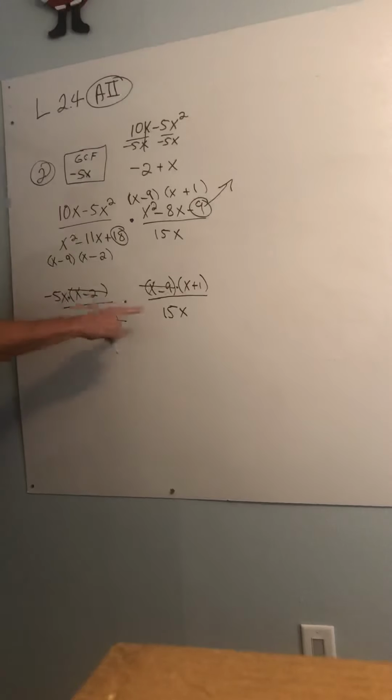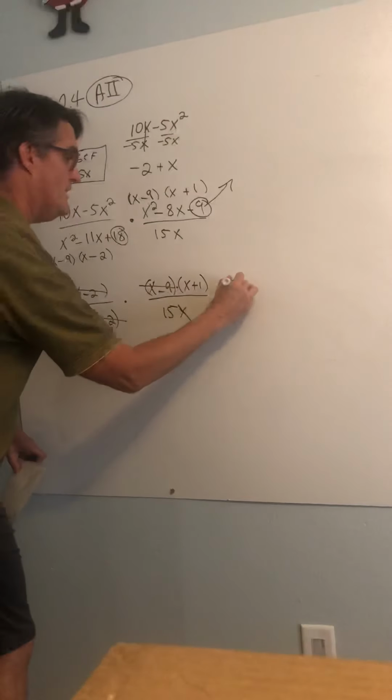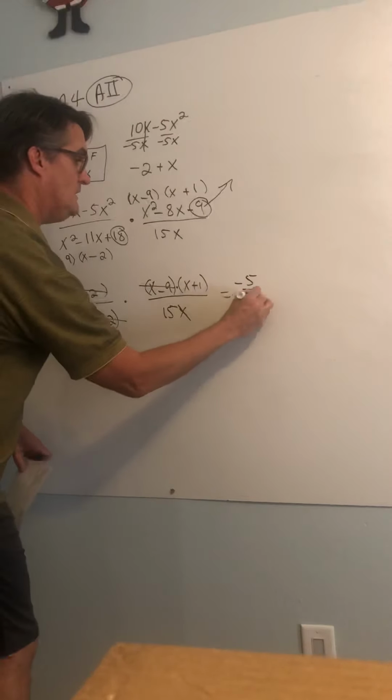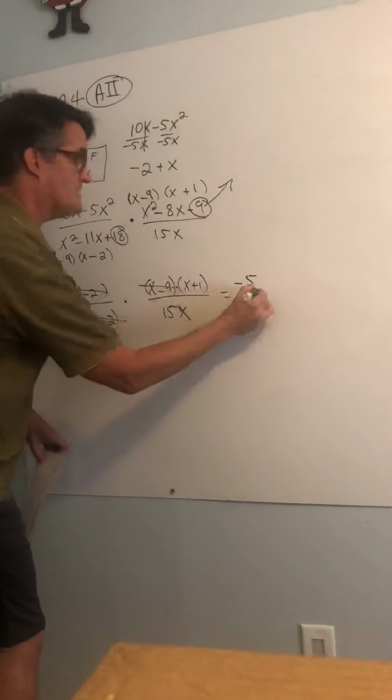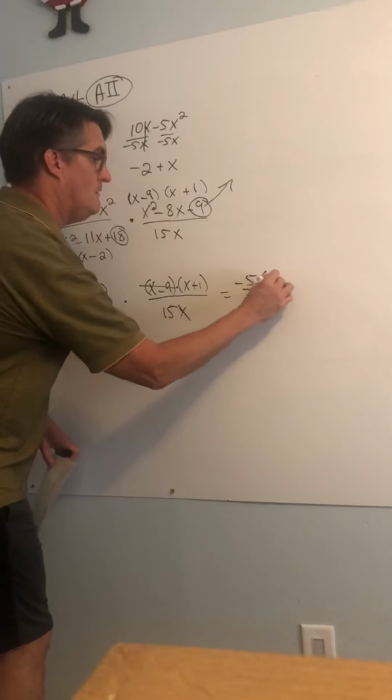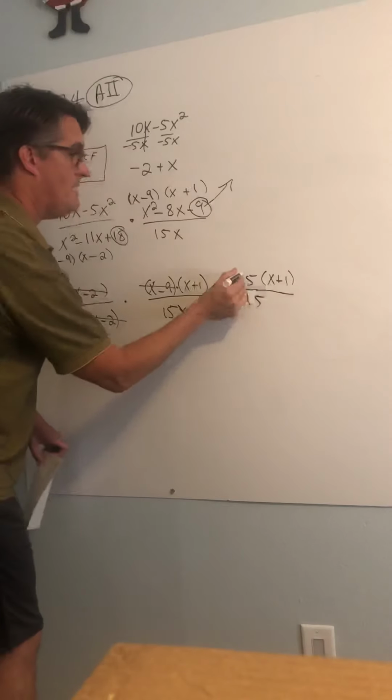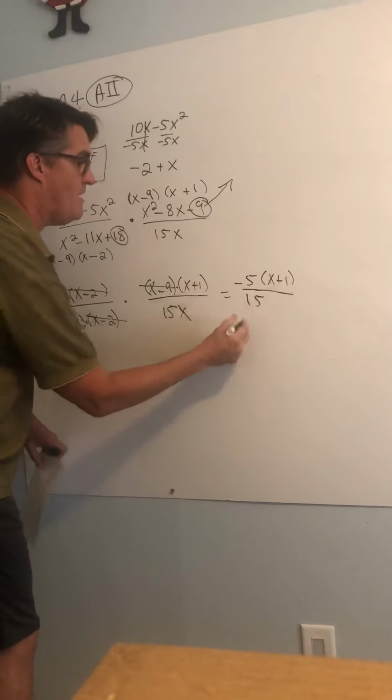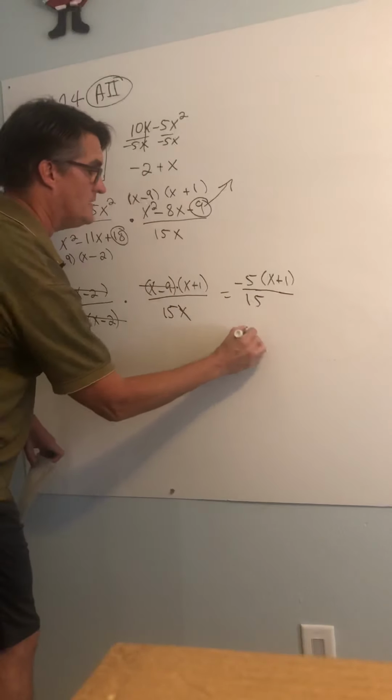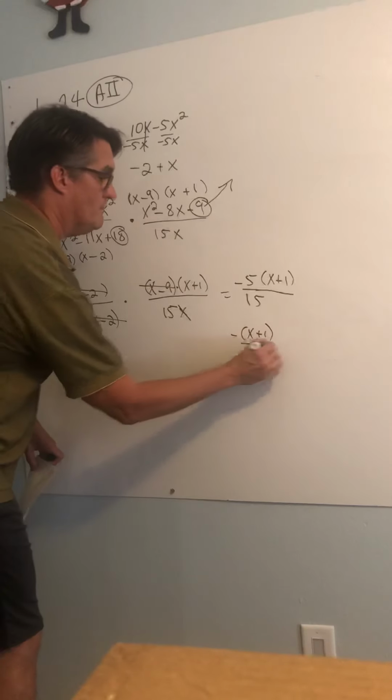See this x is in the bottom? Cancel. So technically I'm left with -5 over 15, plus this x plus 1 over here. And then one more time I'm going to reduce this, divide by 5, and I'll have -(x plus 1) over 3.